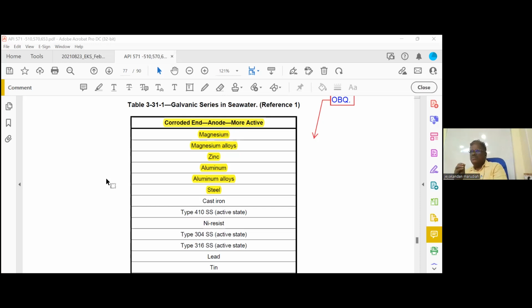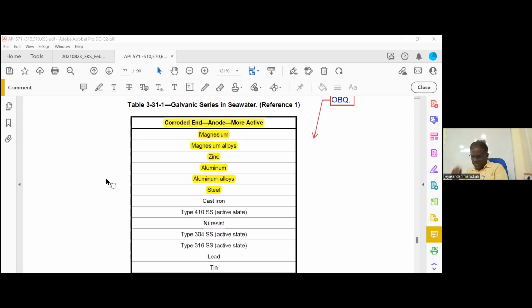It is generally a problem with underground pipe. What is the problem with underground piping? Underground, we have soil. Soil has moisture, so soil acts as an electrolyte. If there is any other metal near our pipe which is less corroding than our pipe, then our pipe will become an anode and start corroding.